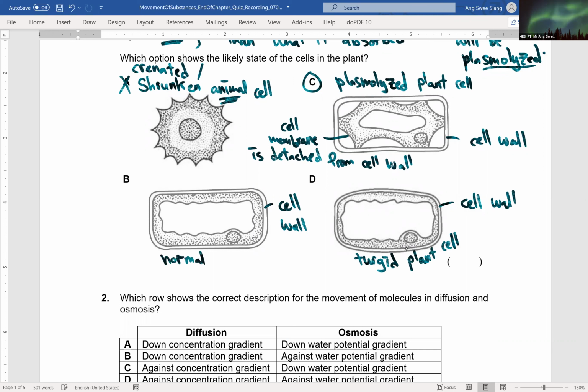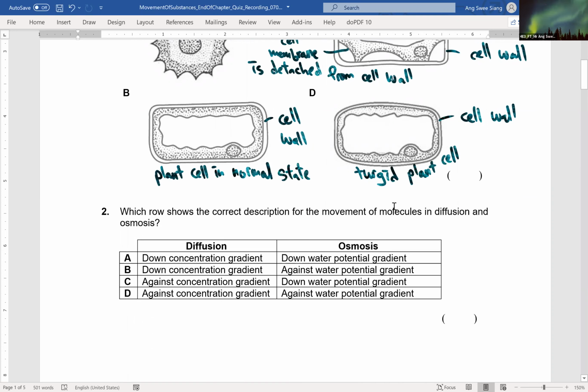So we will just call it a plant cell in a normal state, because it is not plasmolyzed and it is also not turgid. So for question 1, the answer is C.